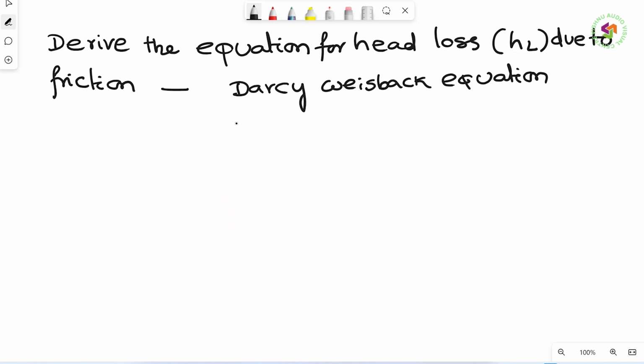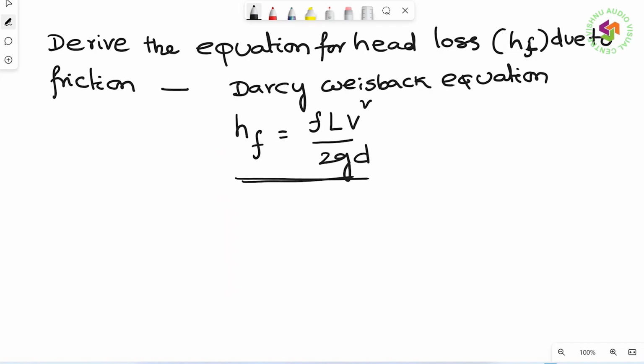And the equation is hf is equal to f L V squared by 2 g d. This is the equation. For that, what I am going to do?